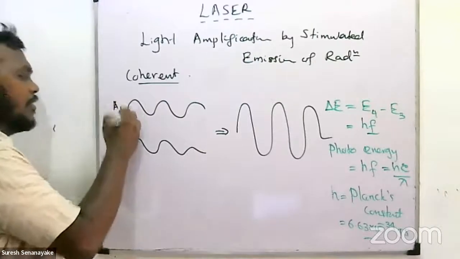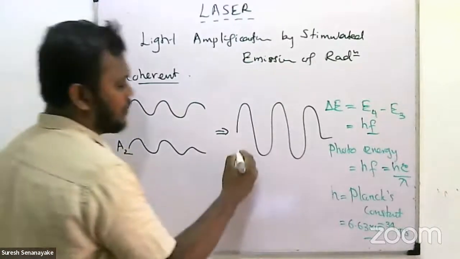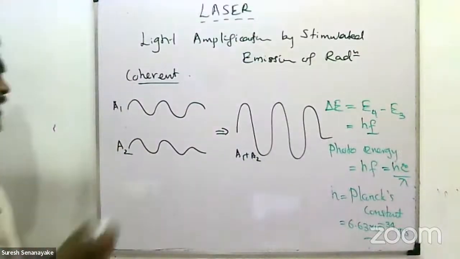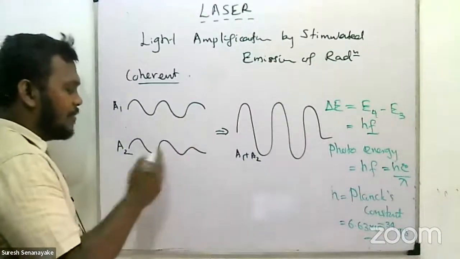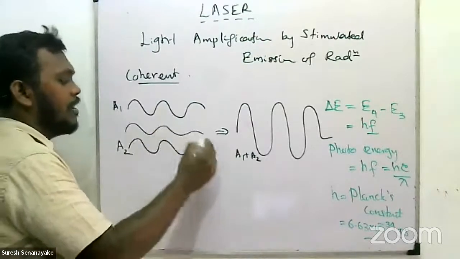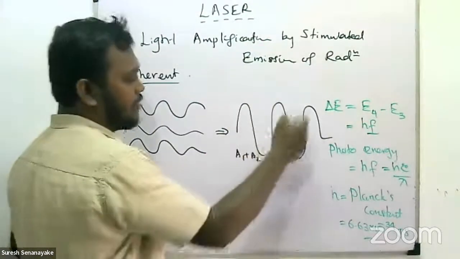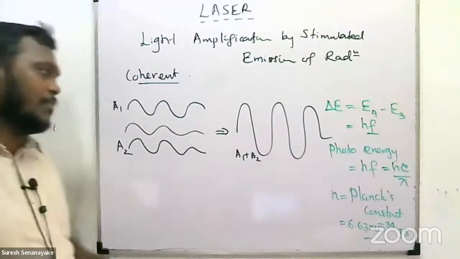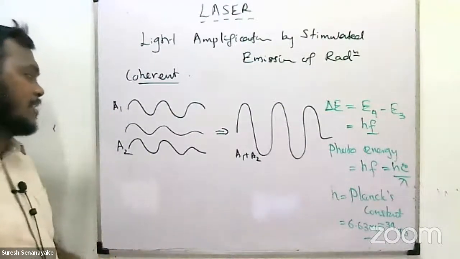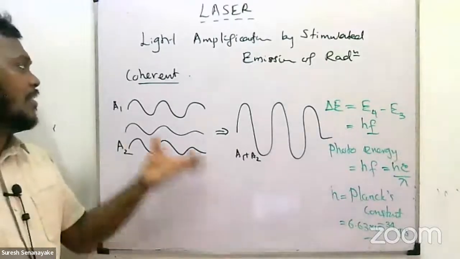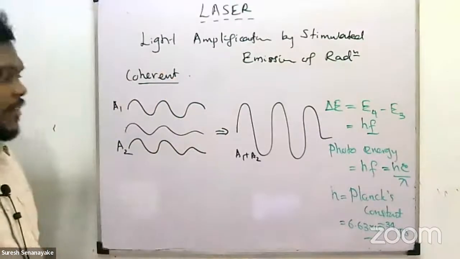Like if one amplitude is A1 and the other is A2, then the result will be amplitude A1 plus A2. If there is always the same phase relationship between these waves, and another wave comes with the same phase, then again it adds to them. So if all the waves produced in the medium have the same phase relationship, we can call those sources coherent.